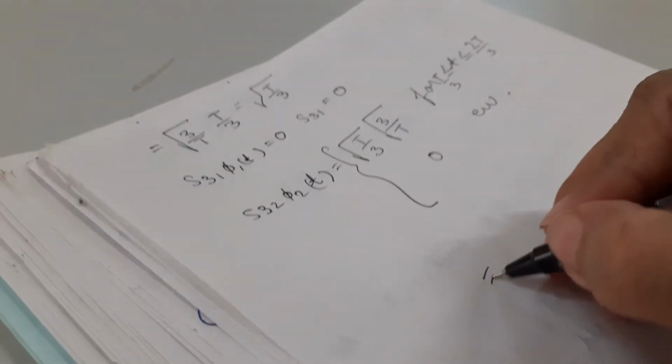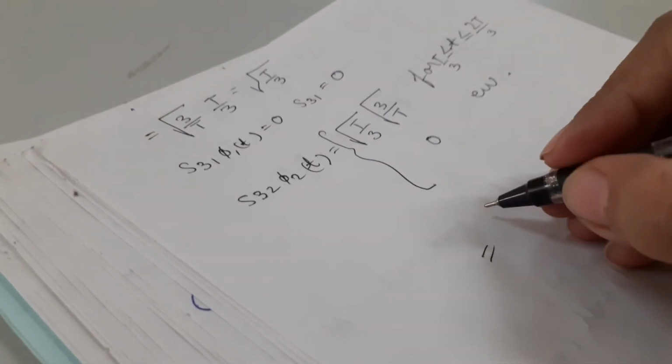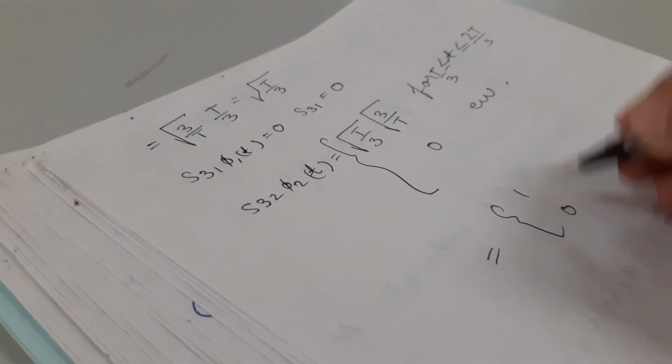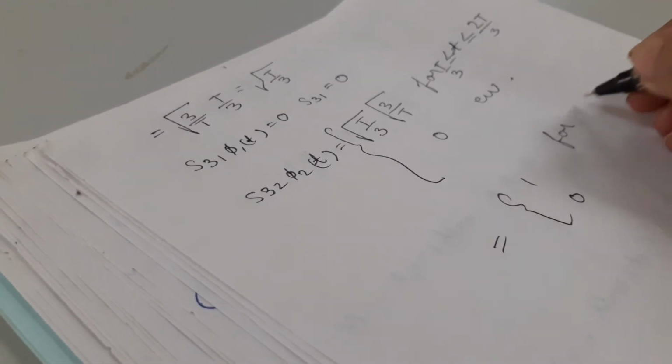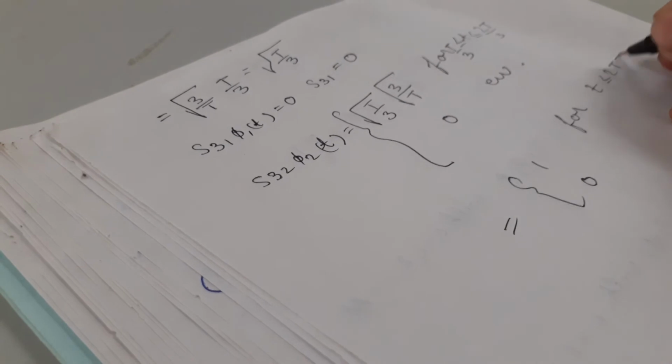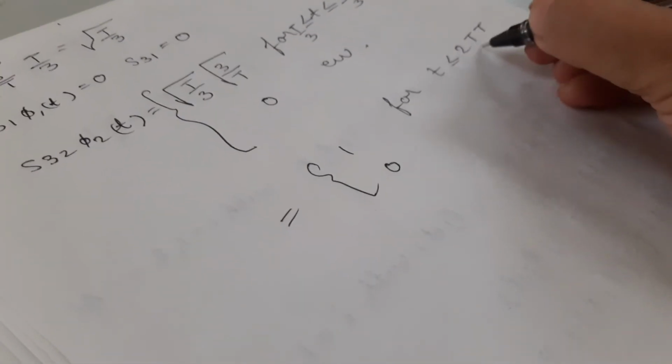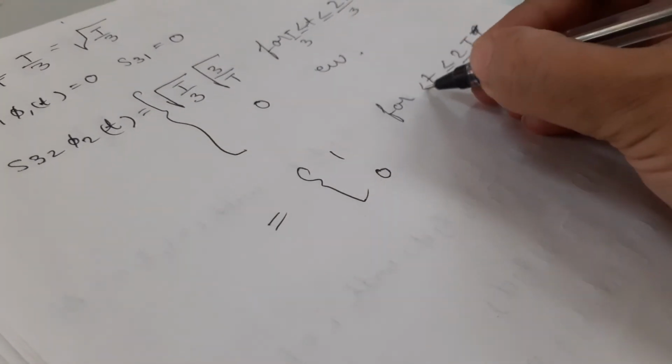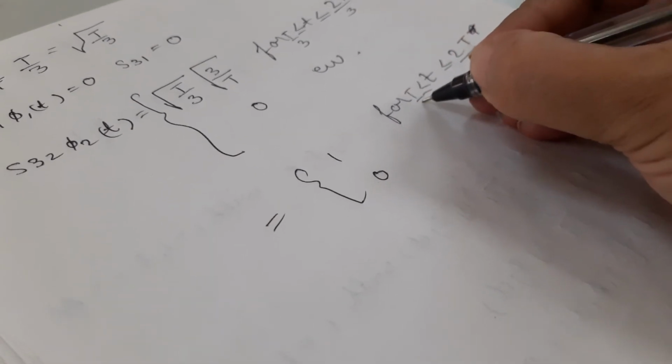So this can be calculated as 1. So this will be 1 and 0 elsewhere, outside t less than or equal to 2T by 3 and more than or equal to T by 3.